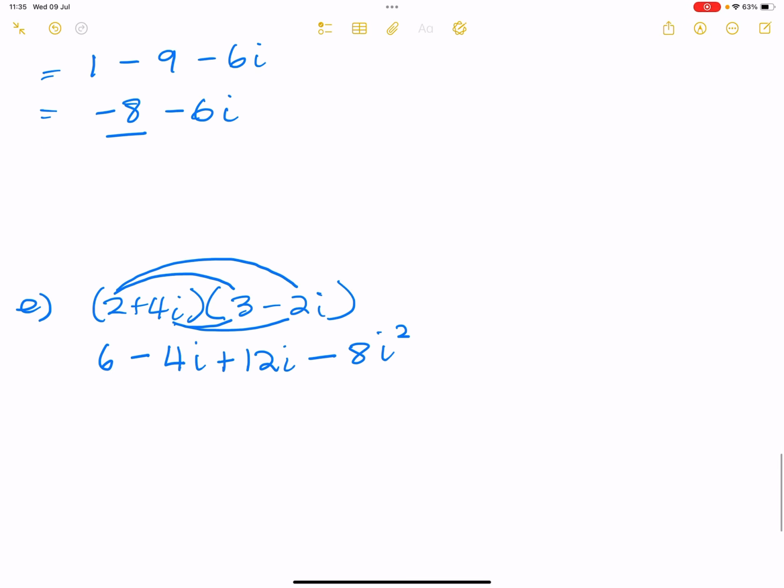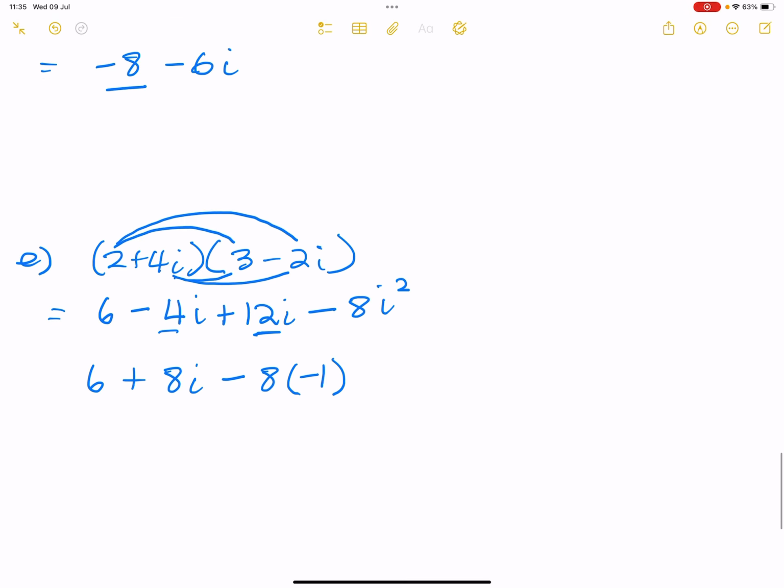Okay, right. And so what do we have? So we've got 6 minus 4i plus 12i, right? So that will give us plus 8i. Right, 12 minus 4 gives us 8. And this is minus 8 times negative 1. Okay, right, remember i squared is negative 1.